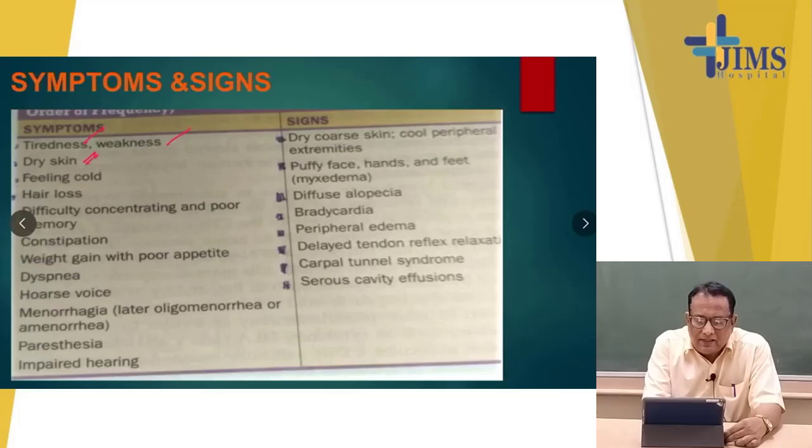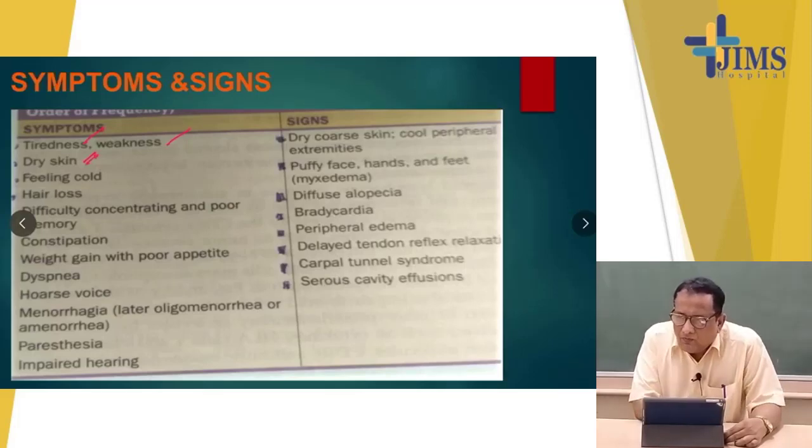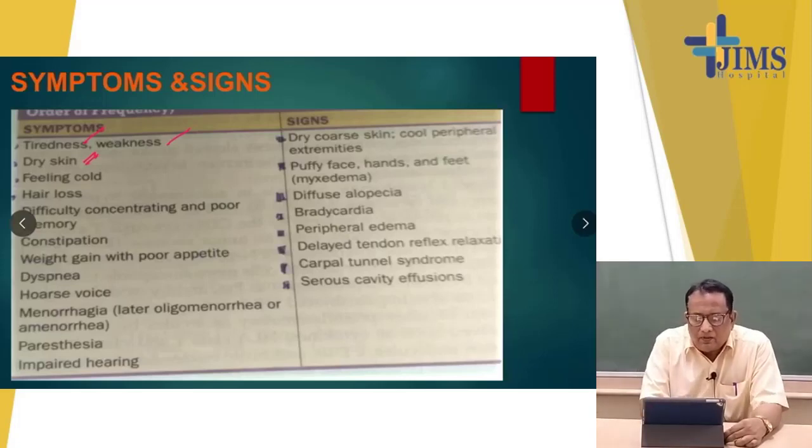There is dry skin due to deposition of mucinous substances underneath the skin that gives thick, dry skin. Feeling cold, there is cold intolerance. There is hair loss, difficulty in concentrating and poor memory. Then the patient will have constipation. Then weight gain and poor appetite.